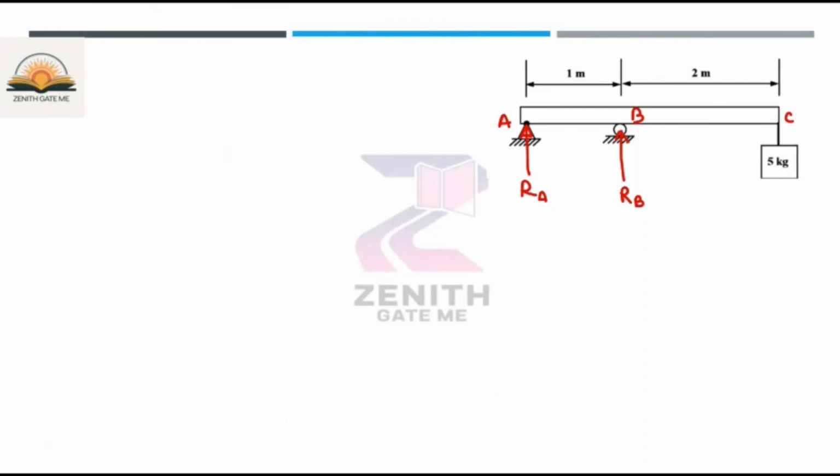The deflection at C will be the partial differentiation of the strain energy with respect to the point load P. Let us suppose a point load P acts at this end.